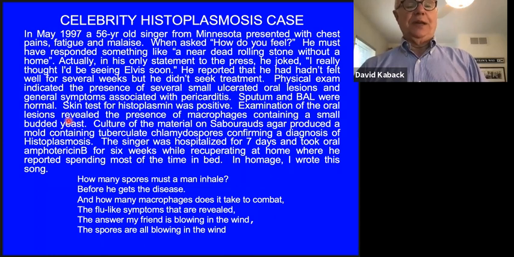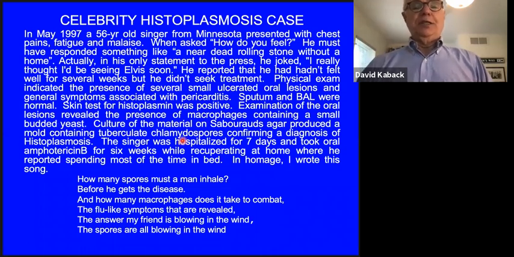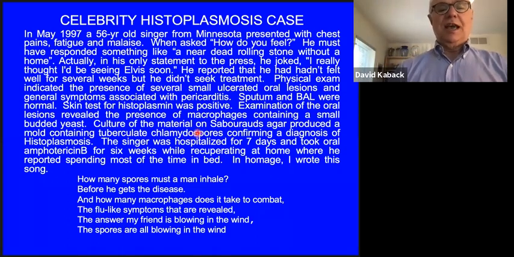They found a little small budded yeast in these lavage samples, and they cultured them and found tuberculate chlamydospores. And the singer was hospitalized, given amphotericin B, and went home to recuperate, and he survived.